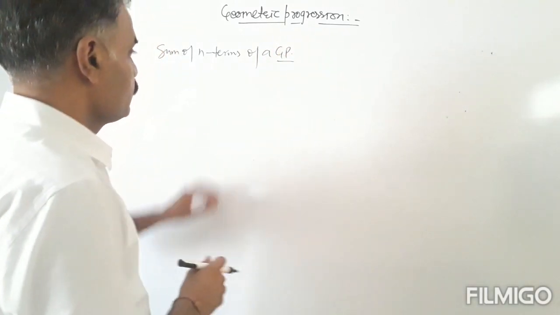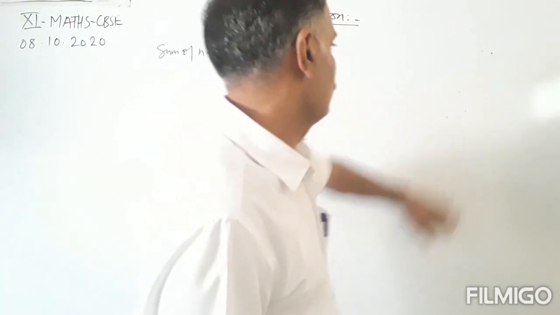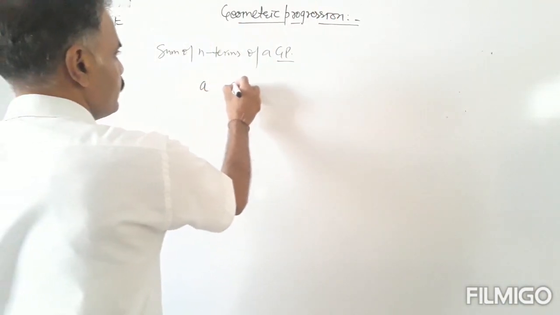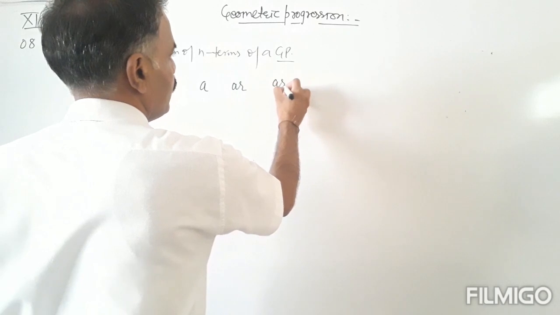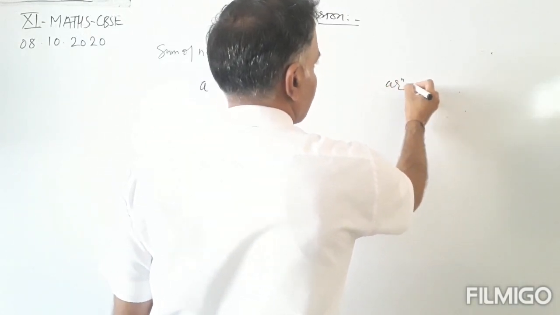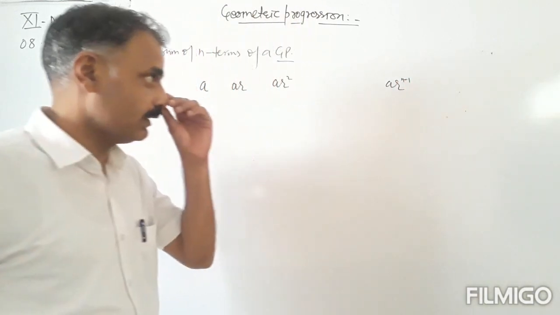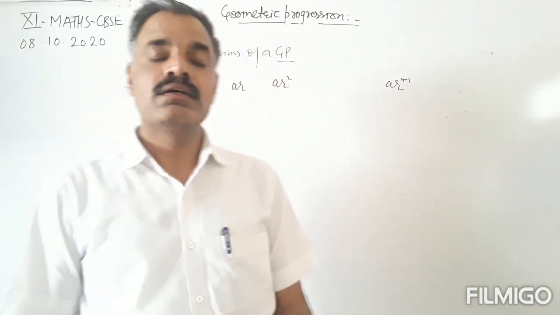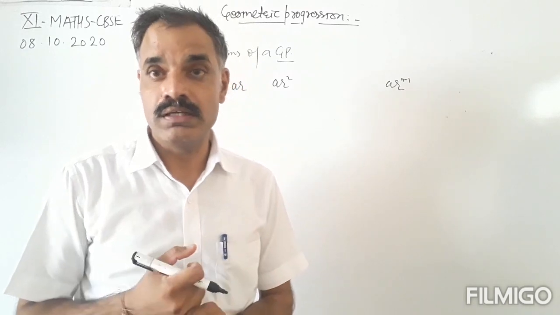Okay, so we know that A, AR, AR square and so on, AR to the power n minus 1, these are the n terms of geometric progression.